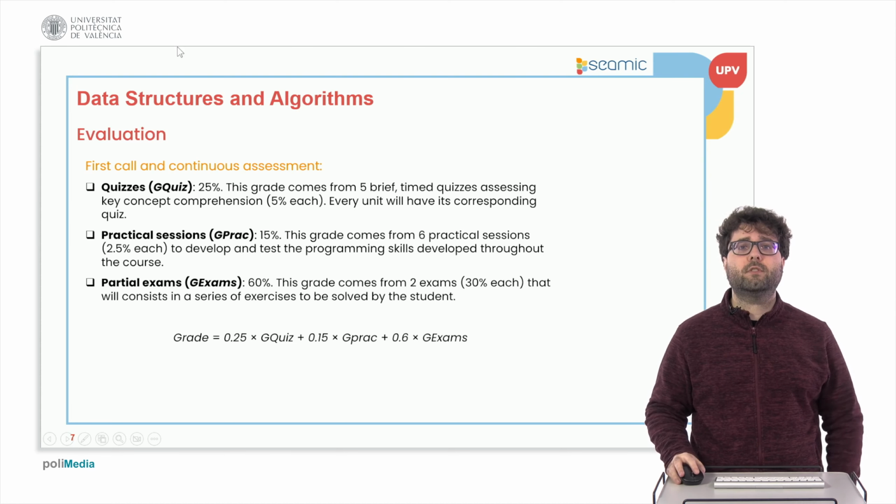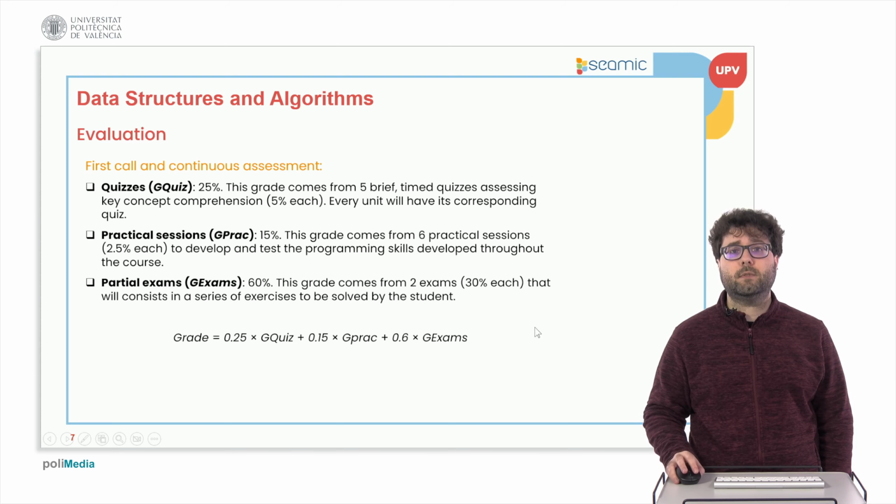How do we compute the final grade? Here we have the formula. It's just an addition of the 3 parts: 25% of the quizzes, 15% practical sessions, and 60% of the partial exams.